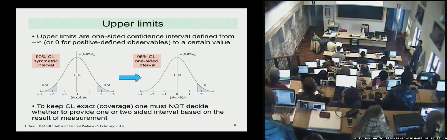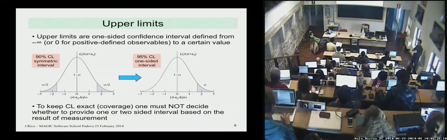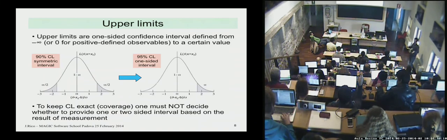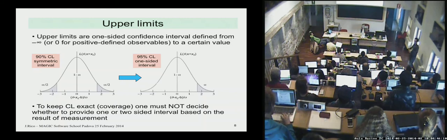For example, in the case of a positively defined quantity, you can get a two-sided interval which is completely negative. From a statistics point of view, there is no problem. You know for sure this does not contain the real value, but statistically speaking, it is correct, because you are allowed to get this kind of result 5% of the times for 95% confidence level intervals.